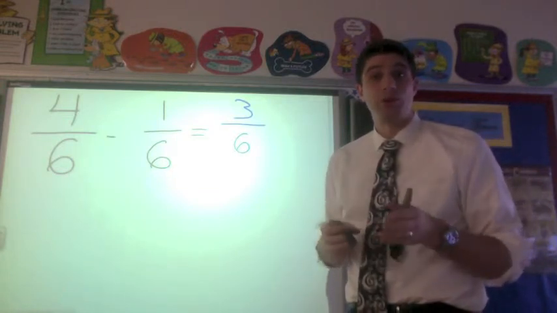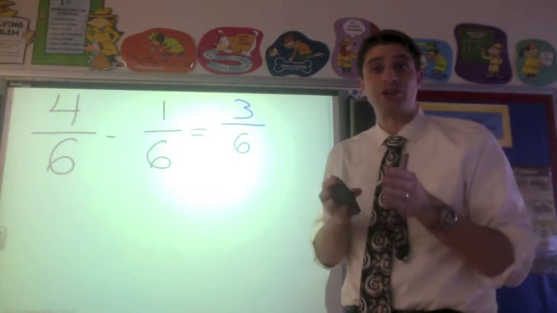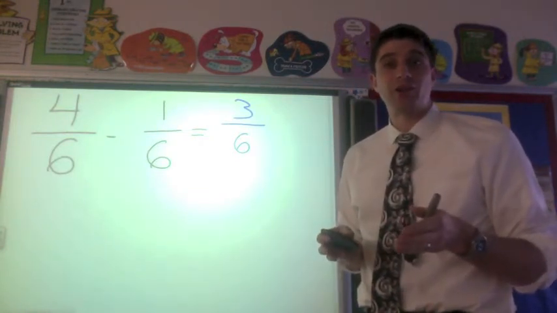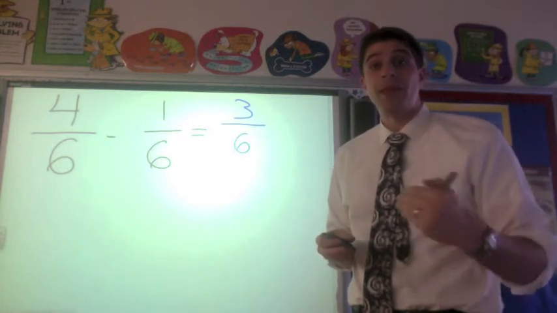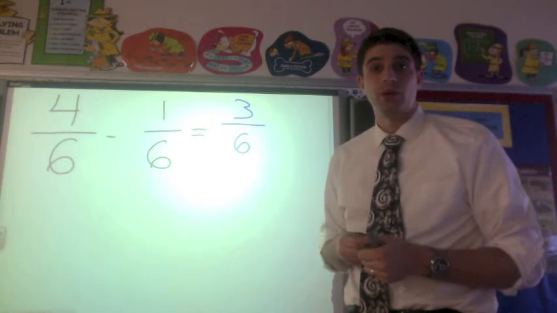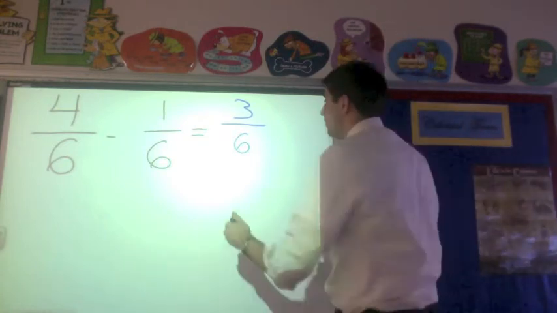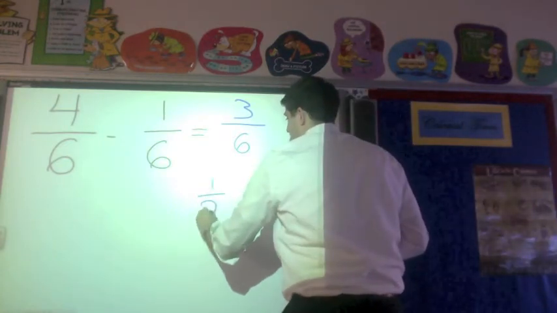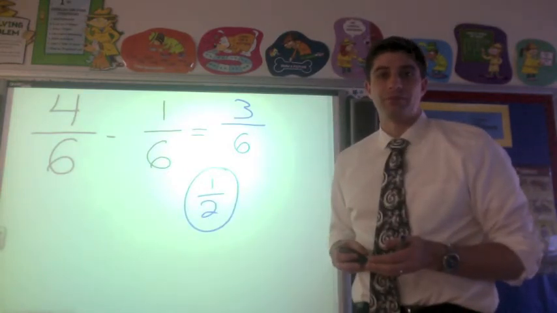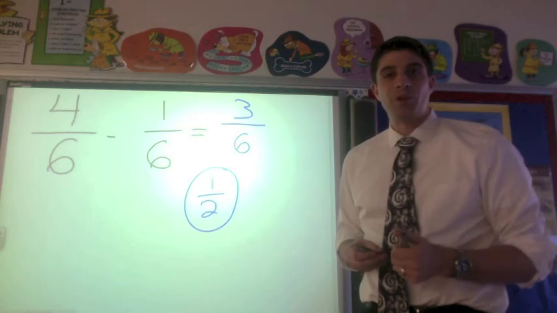We always have to remember to make sure our fractions are in simplest form. So we list the factors for 3 and 6. We find the greatest common factor, which is 3, and then we know our answer is 1/2. Thanks for watching, and I hope that you learned something today.